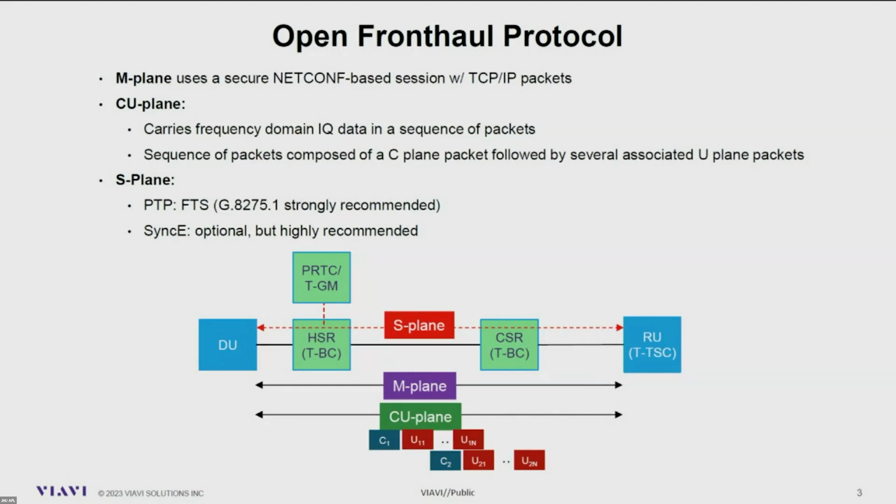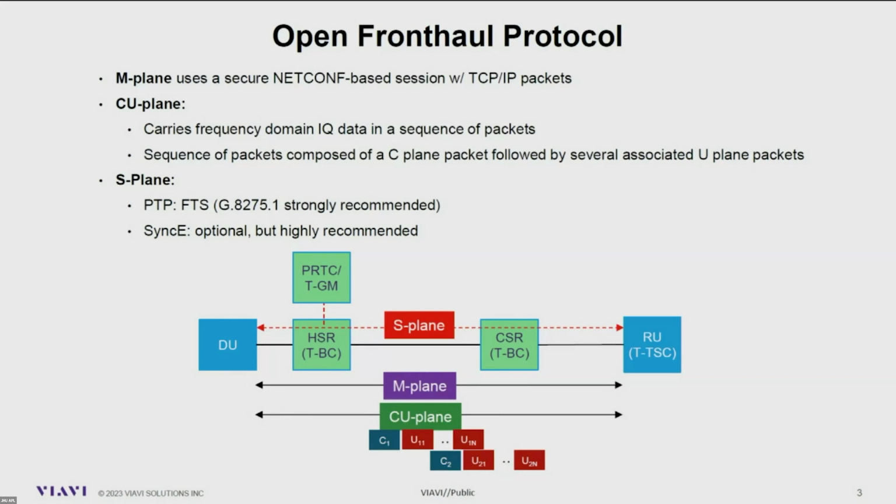M plane is basically the session that is established between DU and RU, and we are going to talk about today how we use the M plane to retrieve very valuable information for installation. So that is the M plane specification.